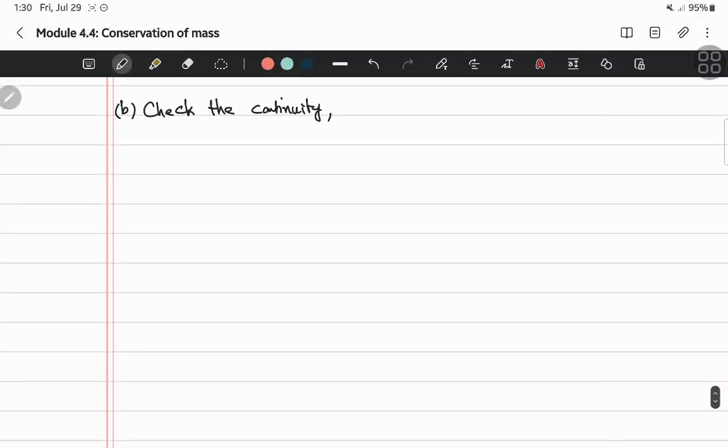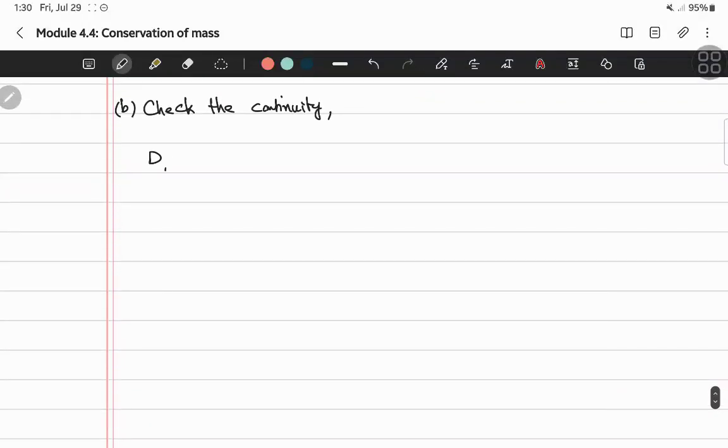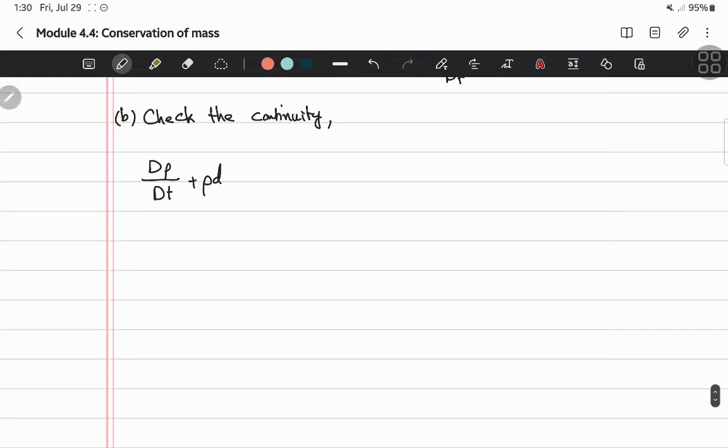So we have the conservation of mass in material form: the material derivative of rho plus rho times divergence of v is equal to 0. And we also have the partial derivative of rho with respect to t plus divergence of rho v. Here we're going to use the partial derivative, it's much easier.